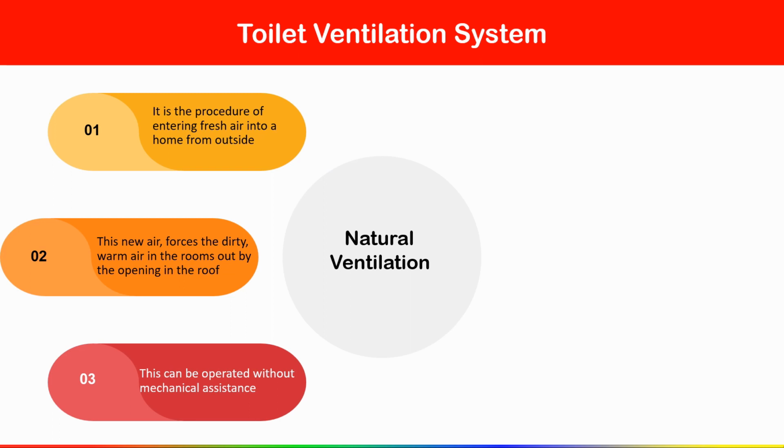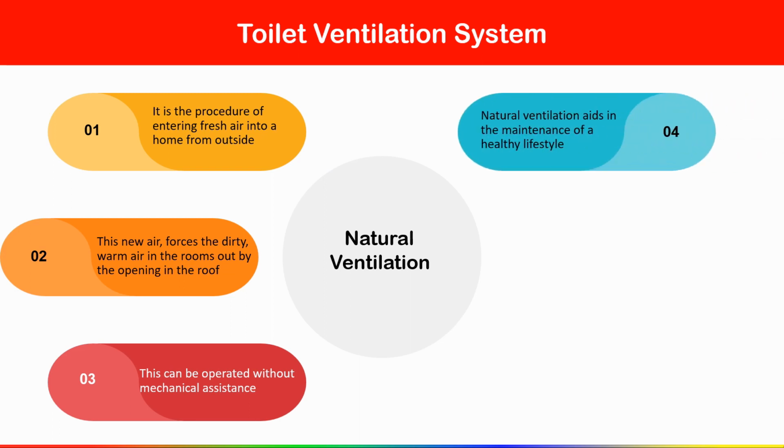So in natural ventilation system, we do not require any mechanical equipment, just like a fan, to force air from outside to inside or from inside to outside. That is why it is written that this ventilation can be operated without mechanical assistance.